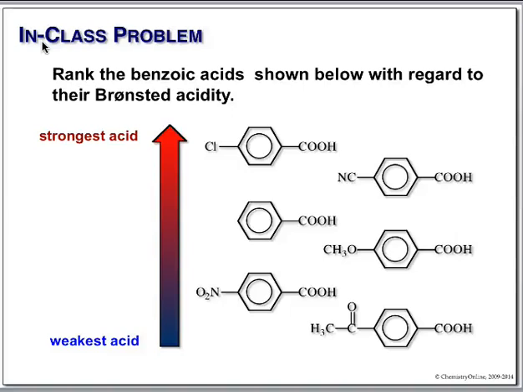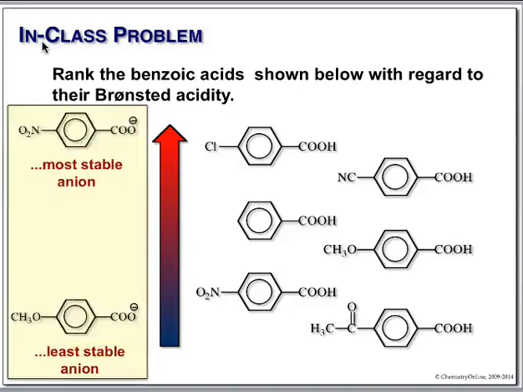So if this was an anion, it would stabilize it. Same thing with nitro. Same thing with an acetyl group here. Oxygen, we remember, pumps electrons into the ring by resonance. Therefore, it's going to make the anion less stable.